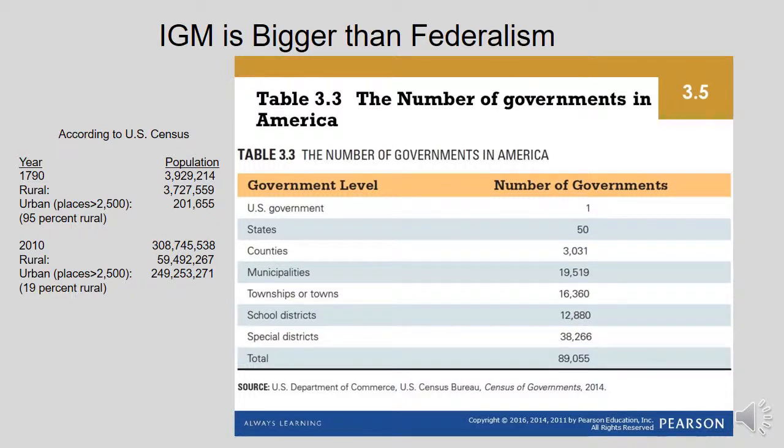I said there were about 24 places with over 2,500 people in 1790, but in 2010 there were 24 cities with between 500,000 and 1 million people, and there are about 6 to 8 over 1 million people in the United States.